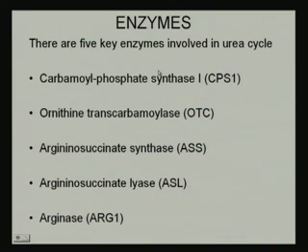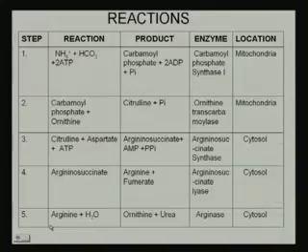If we see the different enzymes, we can find carbamyl phosphate synthetase 1, ornithine transcarbamylase, arginosuccinate synthase, arginosuccinate lyase and arginase playing a vital role in this urea cycle.